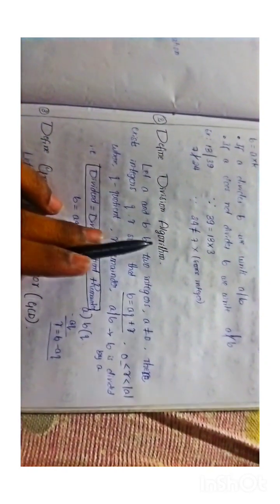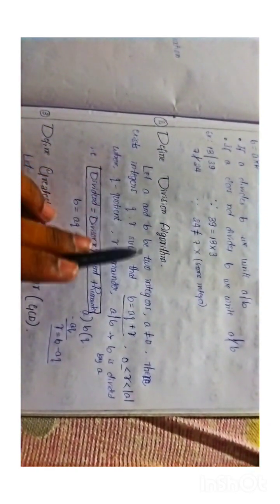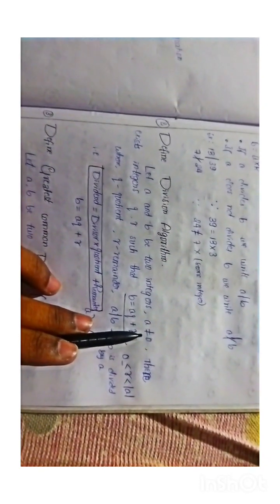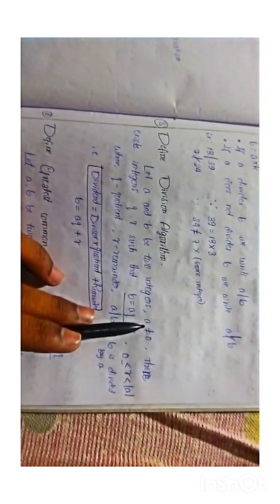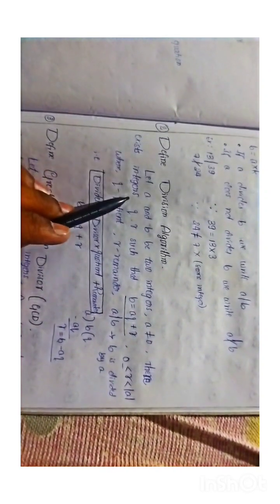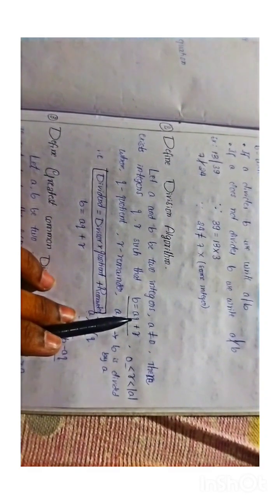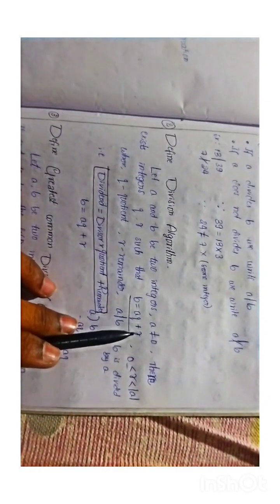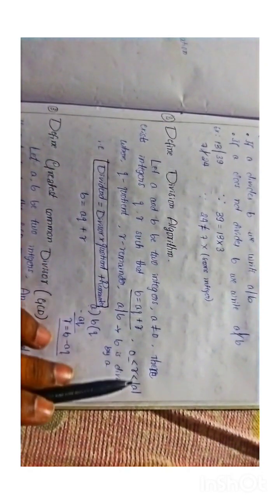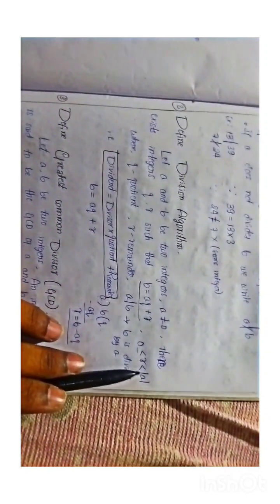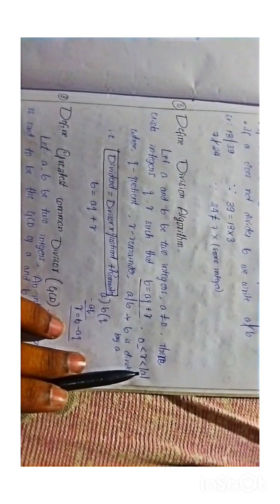Next we define the division algorithm. Let a and b be two integers, a not equal to 0. This is the common statement for all the definitions. There exist integers q and r such that b is equal to aq plus r, where the value of r lies between 0 and the modulus of a, which is a positive number.